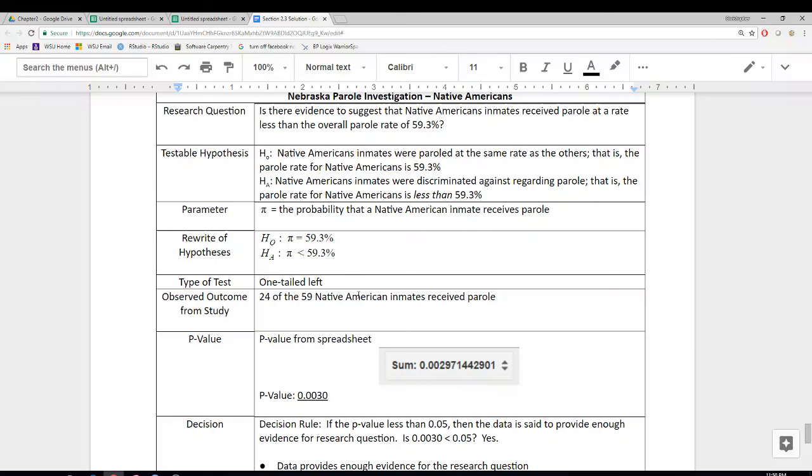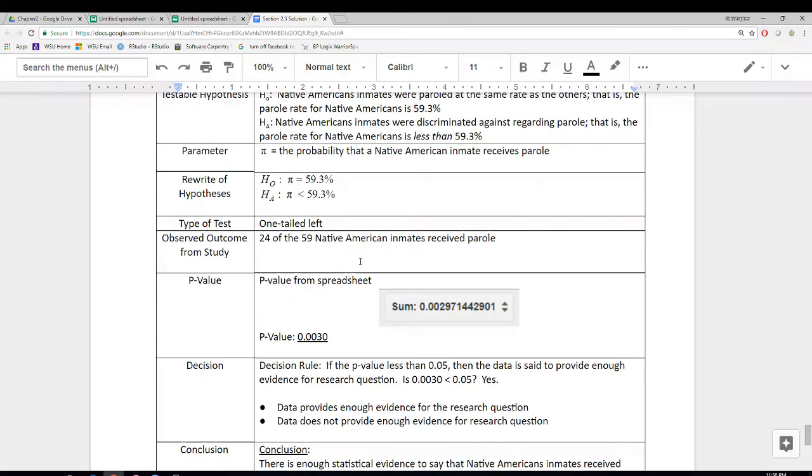This is, again, one-tailed left. Values as extreme or more extreme are going to be 24, 23, 22, all the way down. So same as before, 24 and less are values as extreme or more extreme.